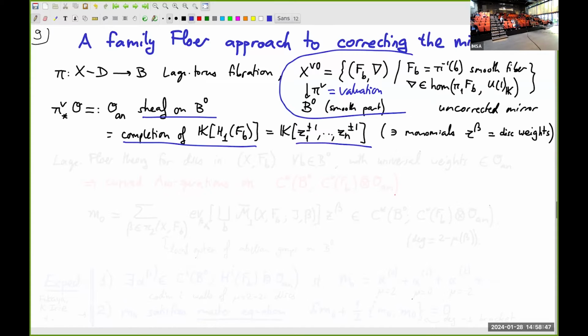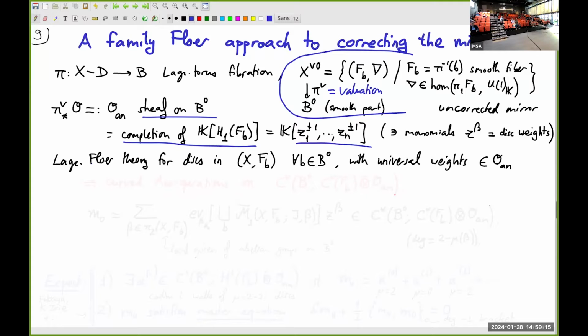So the observation is we start with a grouping of the homology of a fiber, and that is where a single weight of a disk class lives. Z^beta is a monomial in z1 through zn. And then, of course, we need infinite sums which are adequately convergent, and so we take some completion of that. We can view that as a sheaf on the base.